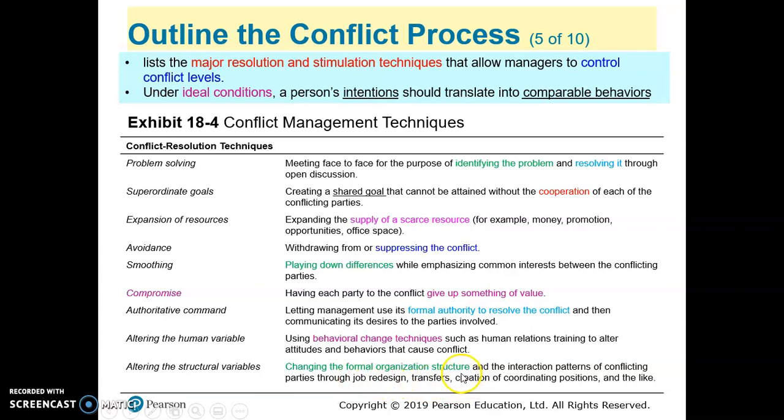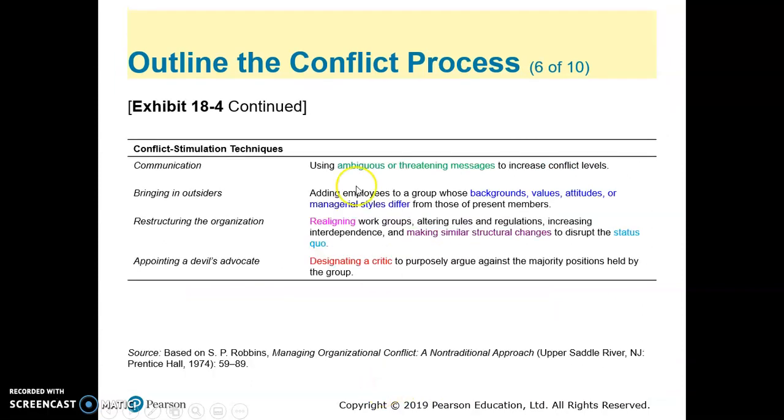For example, if you have a problem with your colleagues, maybe you can ask for a transfer, or the organization can do some job redesign to avoid facing employees with the problem, so it can avoid some conflicts escalating in the organization.